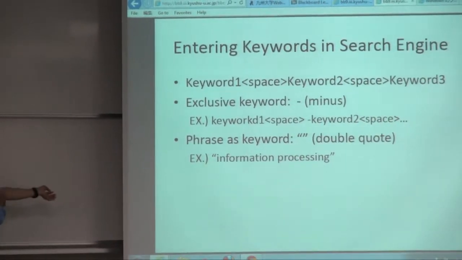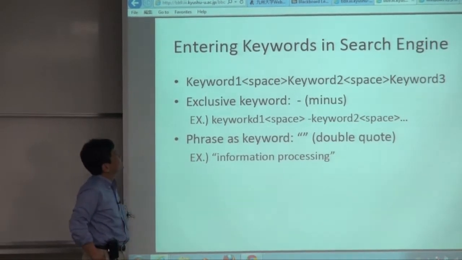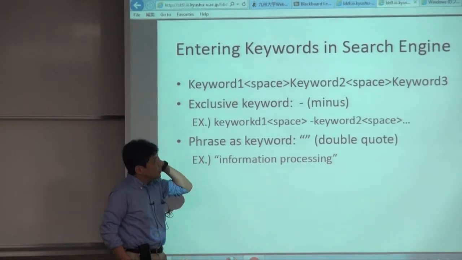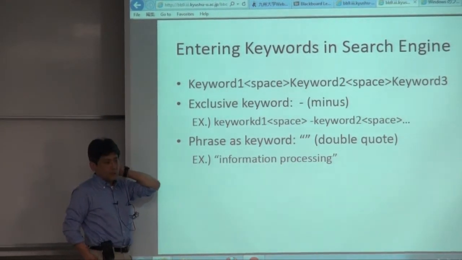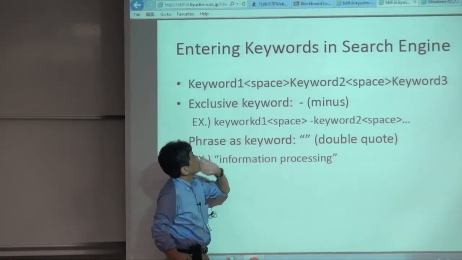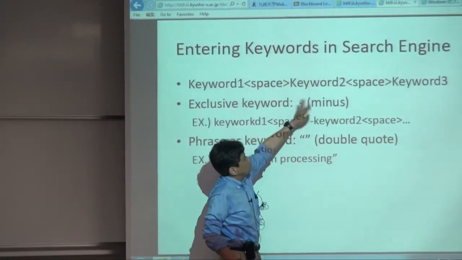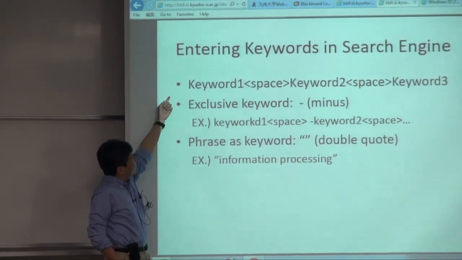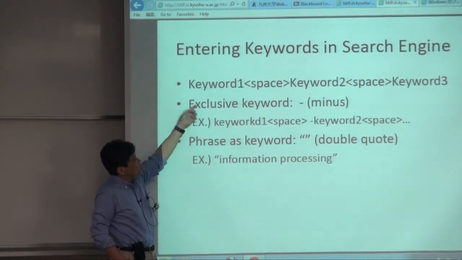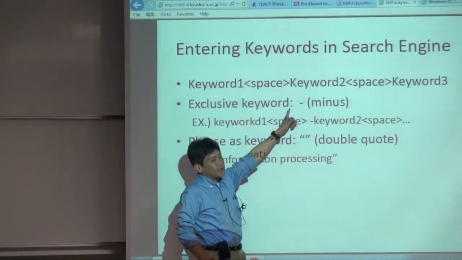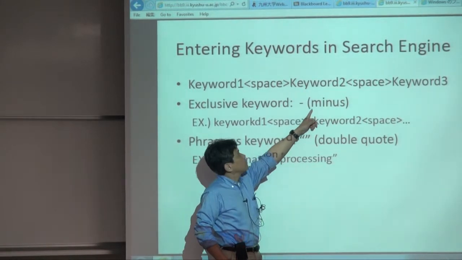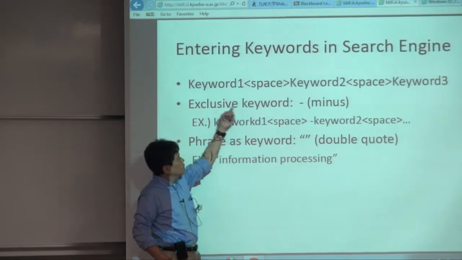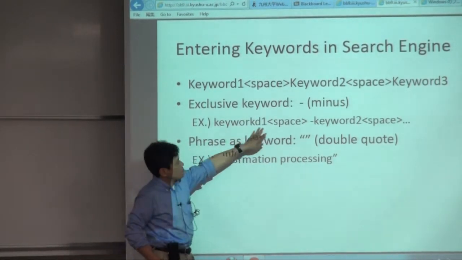This is a simple manner for entering keywords. If you want to specify multiple keywords, you put a space between the keywords like this. And for an exclusive keyword, if you put a minus character before the keyword, this means the exclusive keyword. Okay, like this.